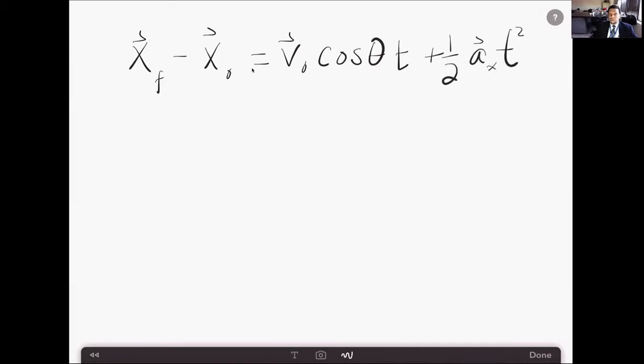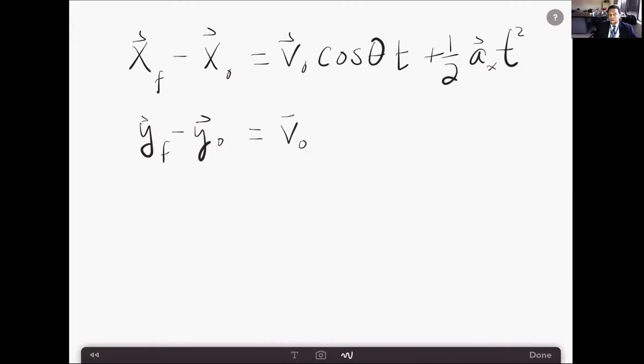So notice that everything is going to be in the x direction. Even this velocity, this initial velocity times cosine of theta, that's the velocity in the x direction, because this has to do with not only magnitude, but how much magnitude is going in the x direction. All right. We're also going to have y final minus y initial, which is just the displacement in the y direction.